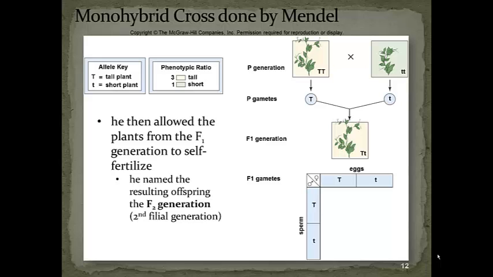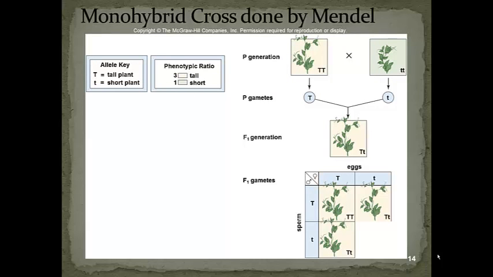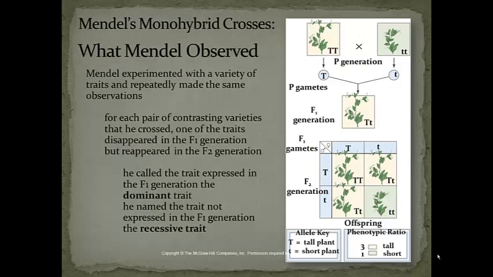Their gametes have a 50-50 shot of carrying the dominant or the recessive. So what you wind up having is, for every 4 offspring, you have one that is carrying a tall gene from both parents. This is homozygous dominant. 2 that are heterozygous, carrying a tall from one parent and a short from the other. And 1 that is homozygous recessive. So you get your 1-to-2-to-1 ratio.